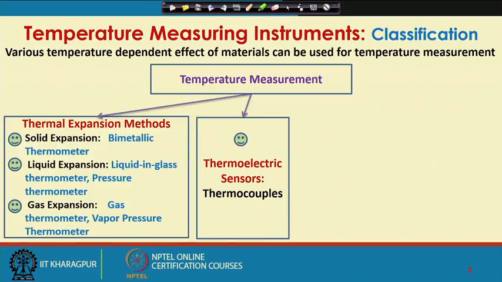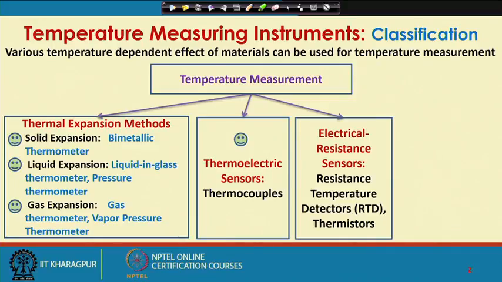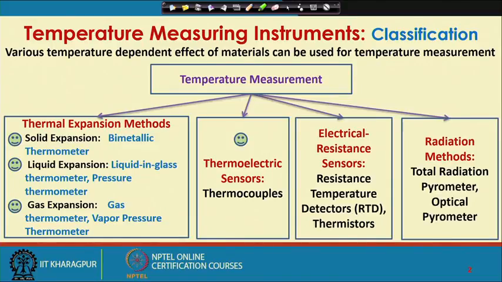So, we have talked about thermal expansion methods, we have talked about thermoelectric sensors, and now today we will talk about electrical resistance sensors. Under electrical resistance sensors, we will talk about resistance temperature detectors or resistance temperature devices, commonly known as RTD, and thermistors.